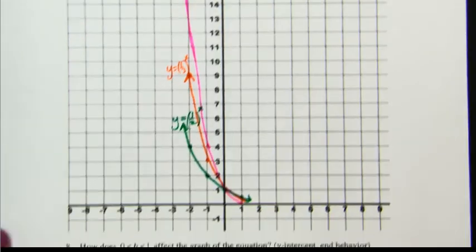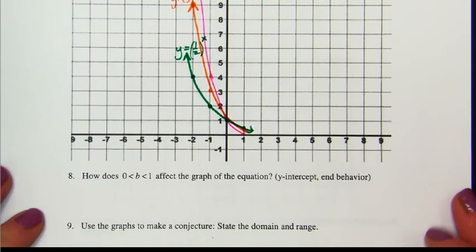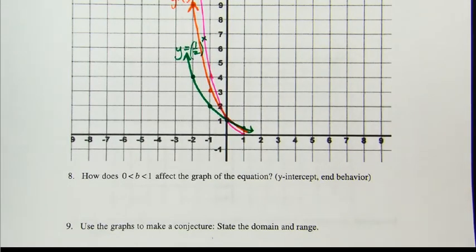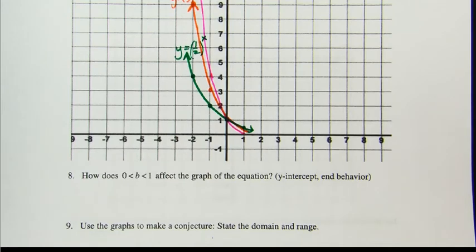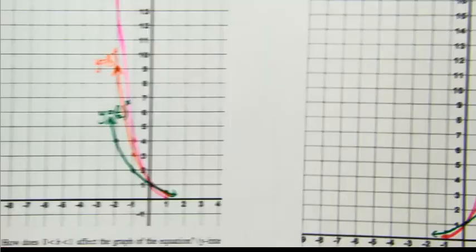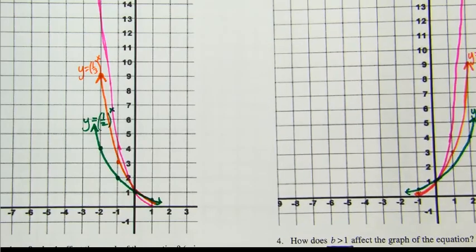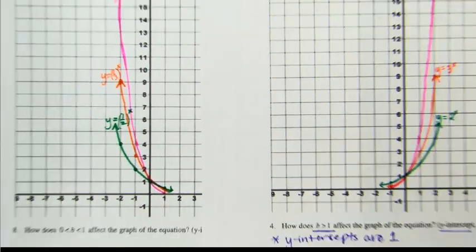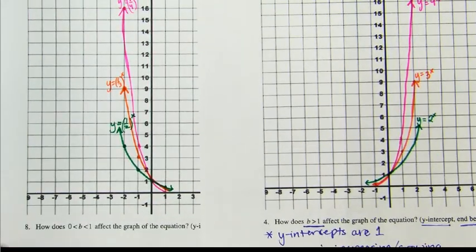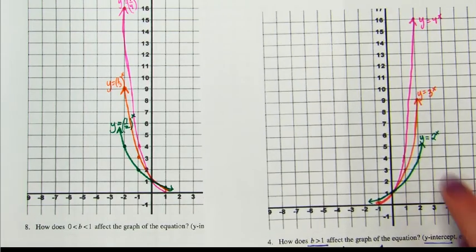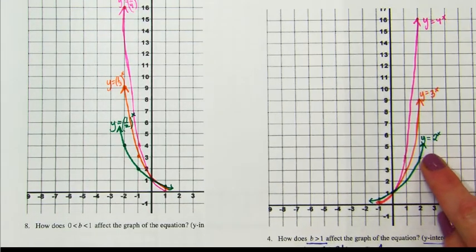All right, so now we can start talking about our questions down here. How does b being between 0 and 1 affect the graph of the equation? Okay, so if we compare our two equations here, see if I can get them both in the picture. This was when our b was greater than 1.